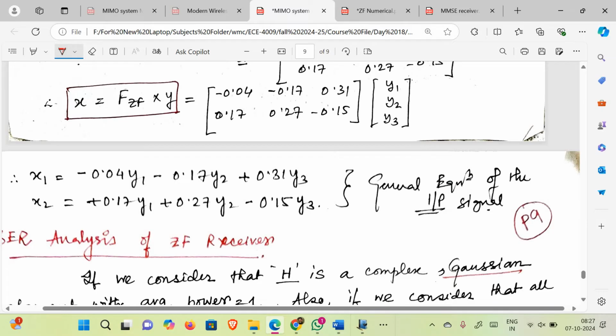You substitute the values, estimate everything, and you will get some value of plus or minus. Now suppose you are sending the data by BPSK, then it is plus 1 or -1. Accordingly, you can choose whether 0 was sent or 1 was sent. Am I clear with this? Am I clear with the process?